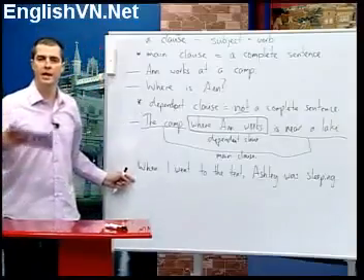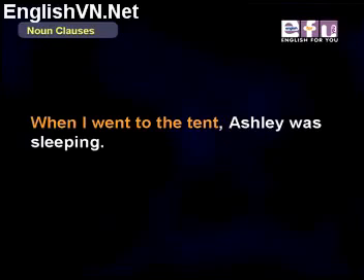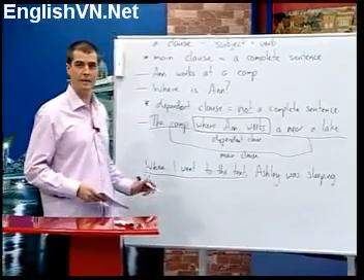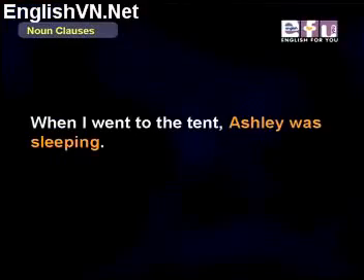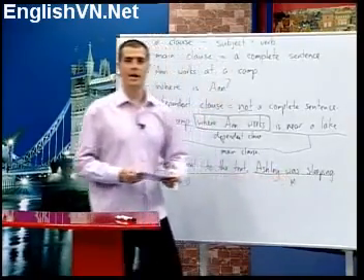When I went to the tent, Ashley was sleeping. Now, when I went to the tent is our dependent clause. And the main clause, you can probably guess this one, Ashley was sleeping. Dependent clause with a D, main clause with an M.